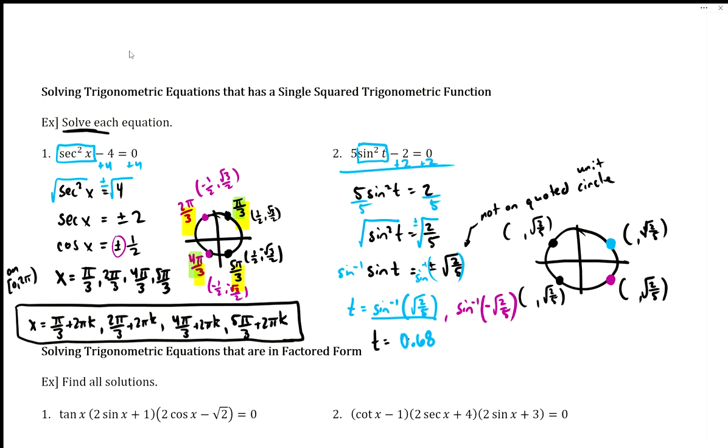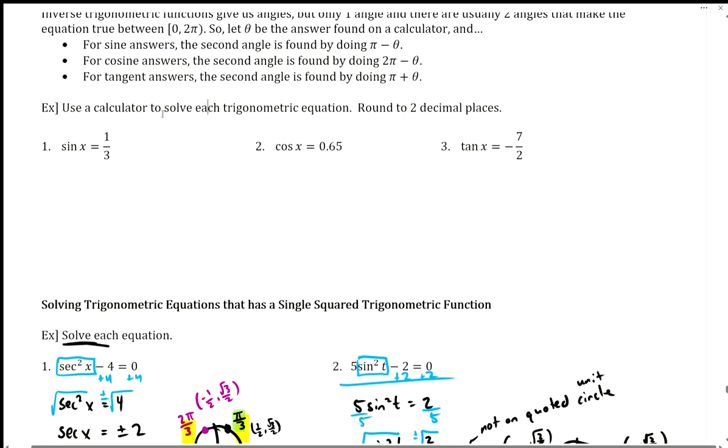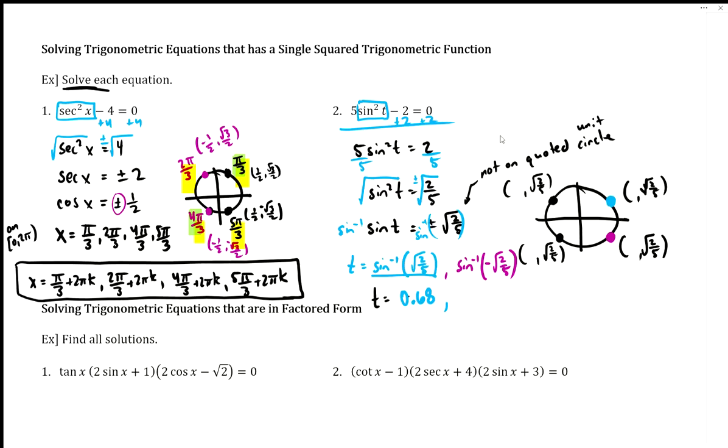And then I know instantly, based on the previous video with using a calculator, I should take that answer and do pi minus it to get the second answer right away.